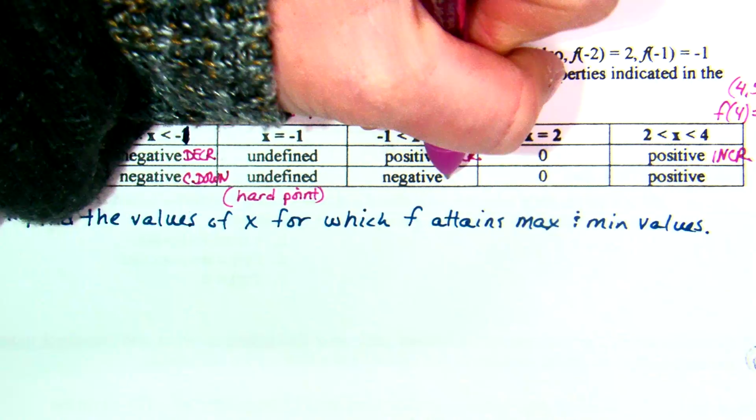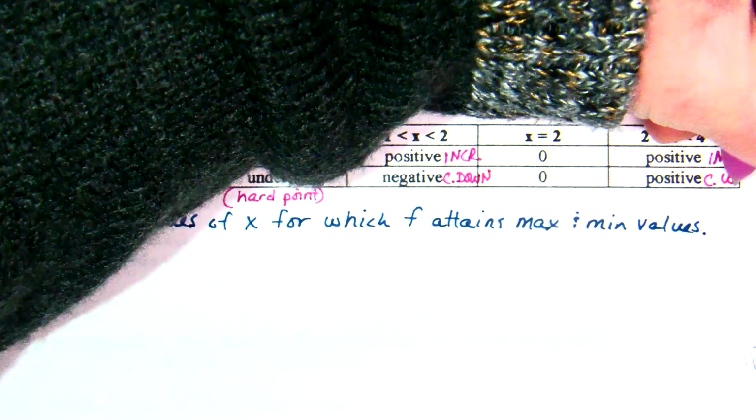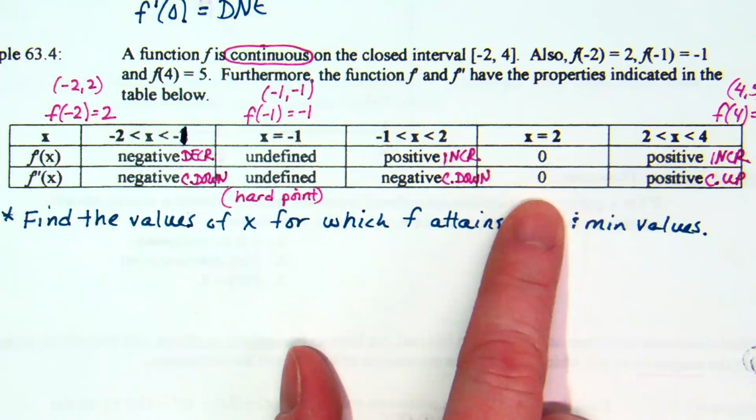And then this second derivative equaling 0 here, what's that going to end up being? An inflection point, right? Because when the first derivative equals 0, usually min or max, but we say min, max, or inflection point. When the second derivative equals 0, that's when we're going to talk inflection point.